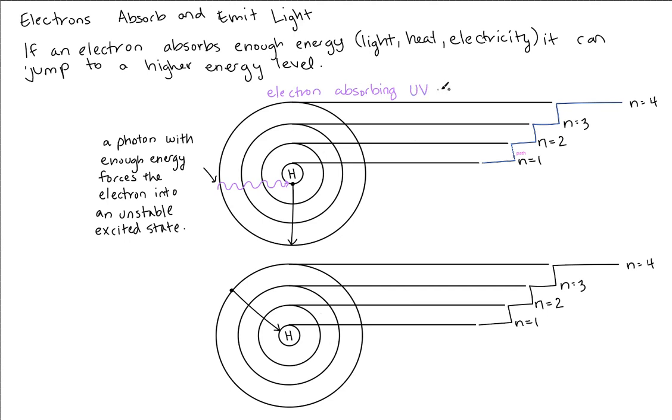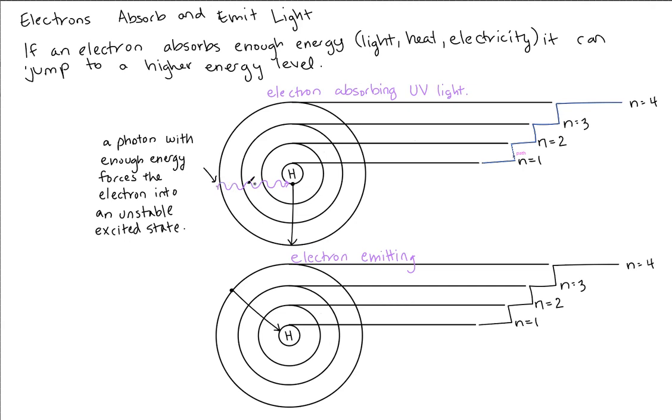So let's just put UV light. This is my example here, right? What is this going to be an example of? It's not absorbing energy because it's falling, right? This is going to be an electron emitting energy, right? But what is it going to emit? Think about that for a minute.